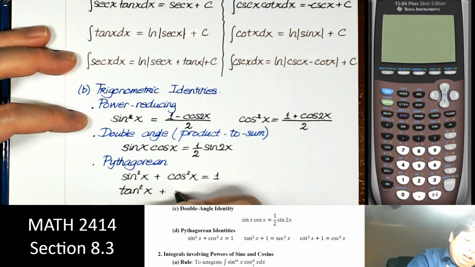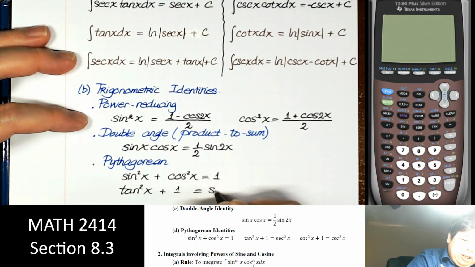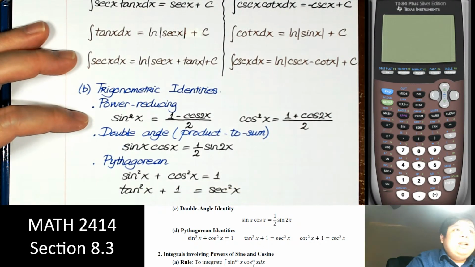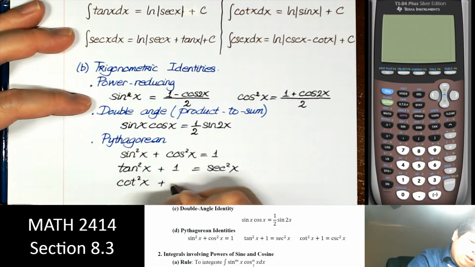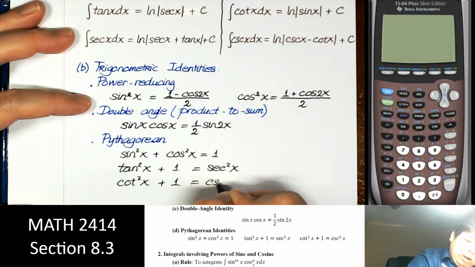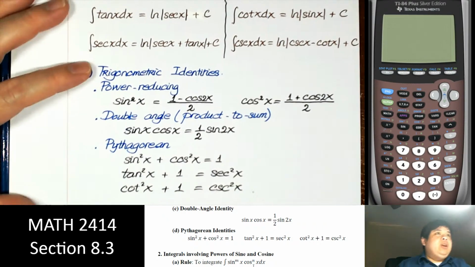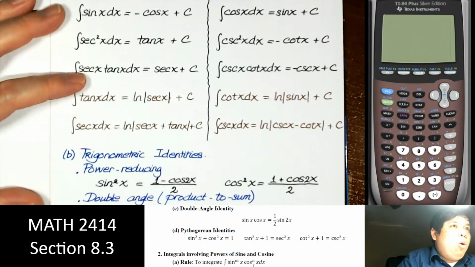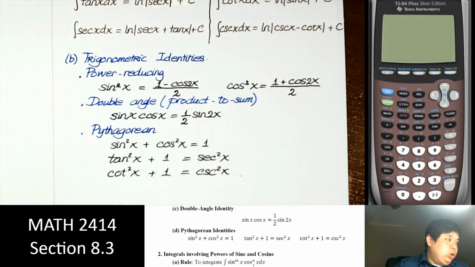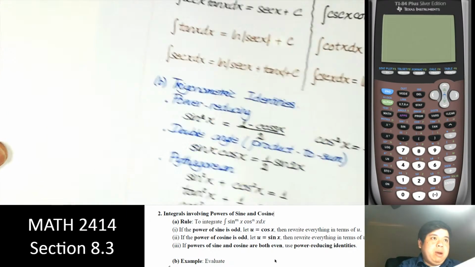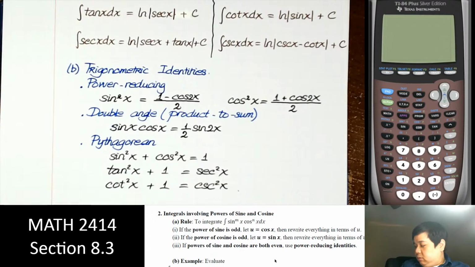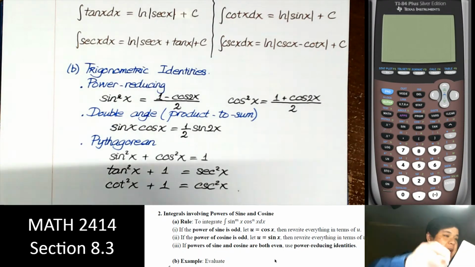Tangent squared plus 1 equals secant squared, and cotangent squared plus 1 equals cosecant squared. So those are all the formulas we need to be able to do the problems in this section. That's why I write this on a separate page, so we can reference it.